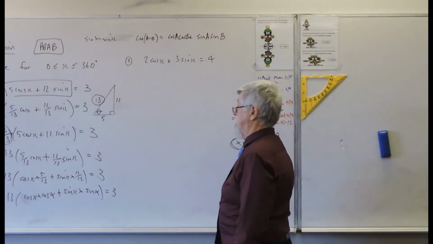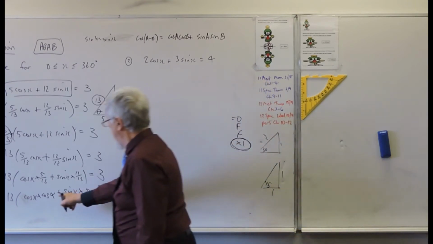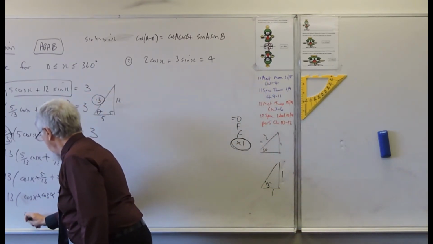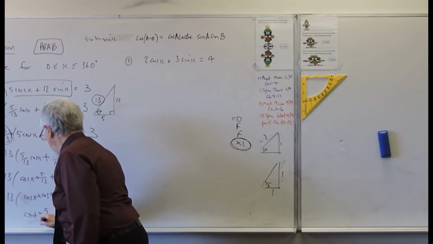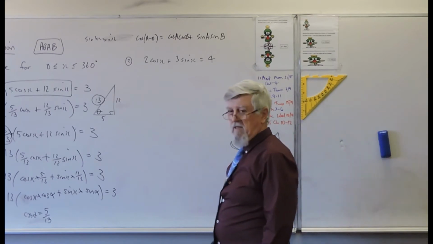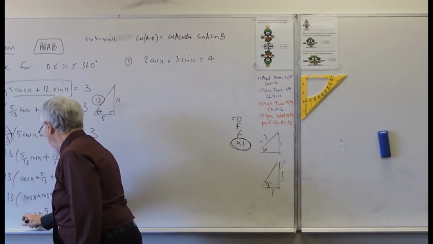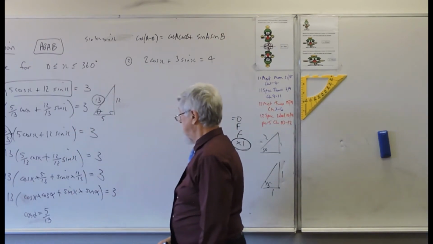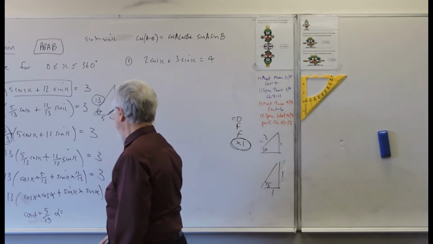And what have I got? Cos alpha equals 5 on 13. Can someone pick up their calculator? It'll probably be decent. And get me that answer straight to 1 decimal place. This is alpha equals, running out of room.